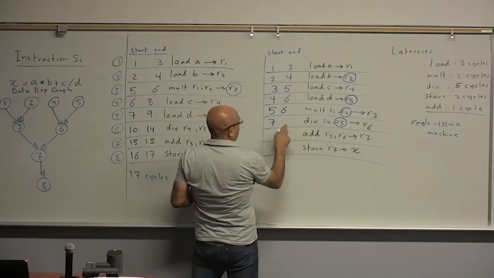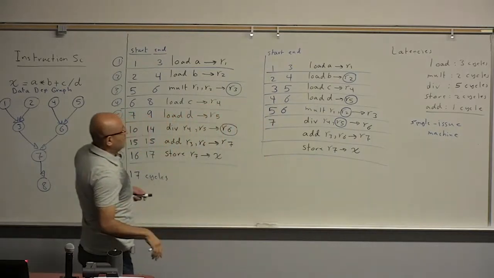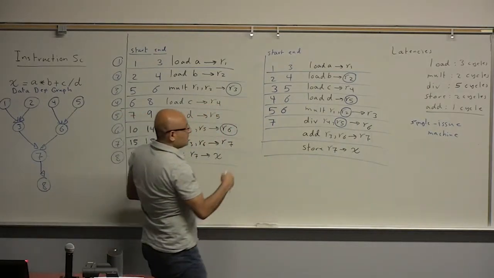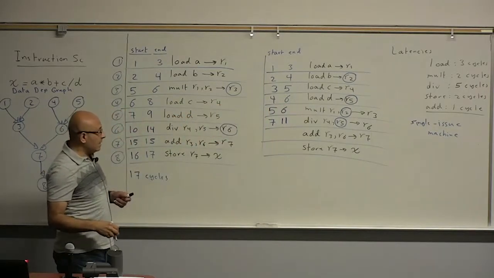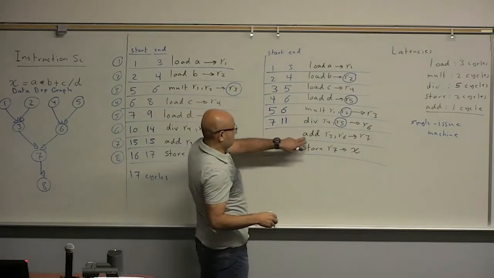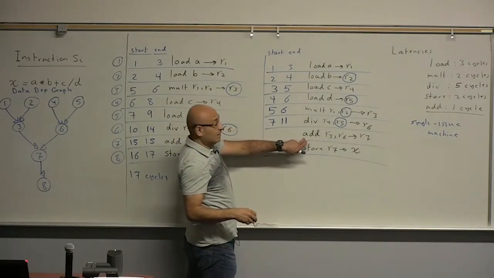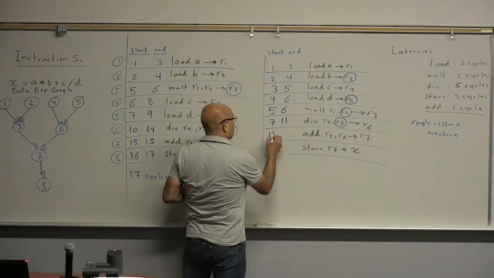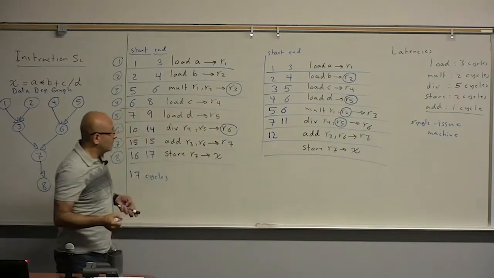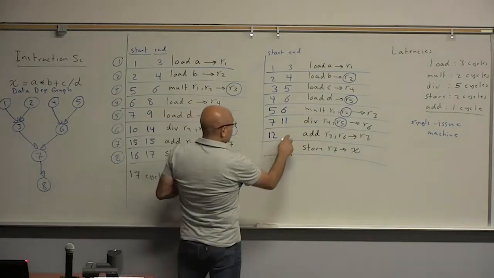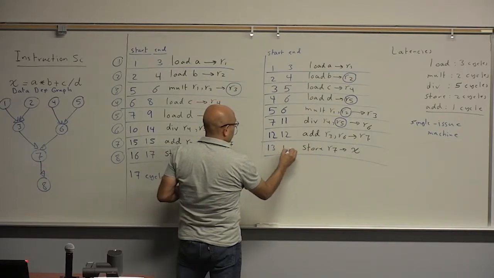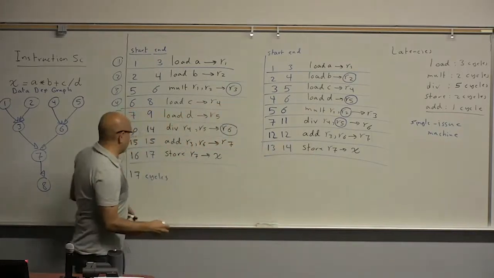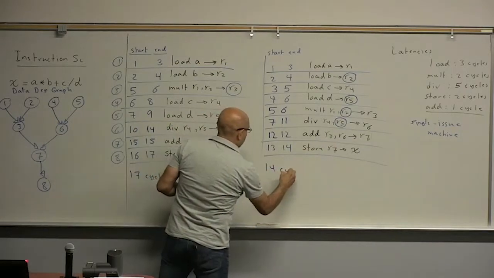So 7, and it's going to be 6 plus 5 is 11. So it's going to end in 11. Now the add is dependent on the divide. So it will have to wait until cycle 12. And 12 to 12. And this is 13 to 14. So in this case, 14 cycles.